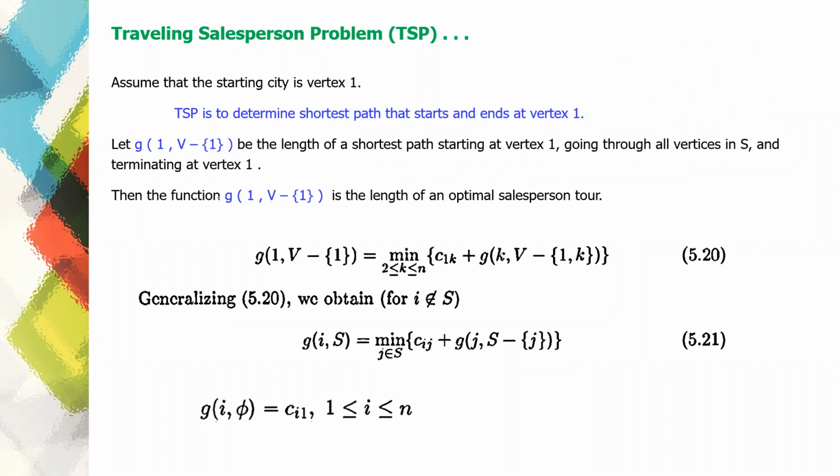Now further, if you see this formula, how can G of 1 comma V minus 1 be calculated? Here 1 is the starting city, and V minus 1 is nothing but 2 comma 3 comma 4.